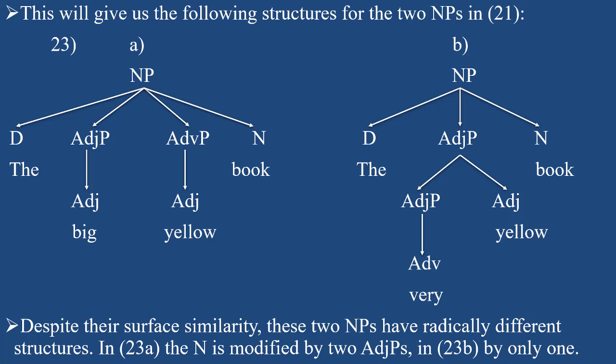But in B, we cannot have "very" coming from the NP on its own because it doesn't modify "book". It modifies "yellow".